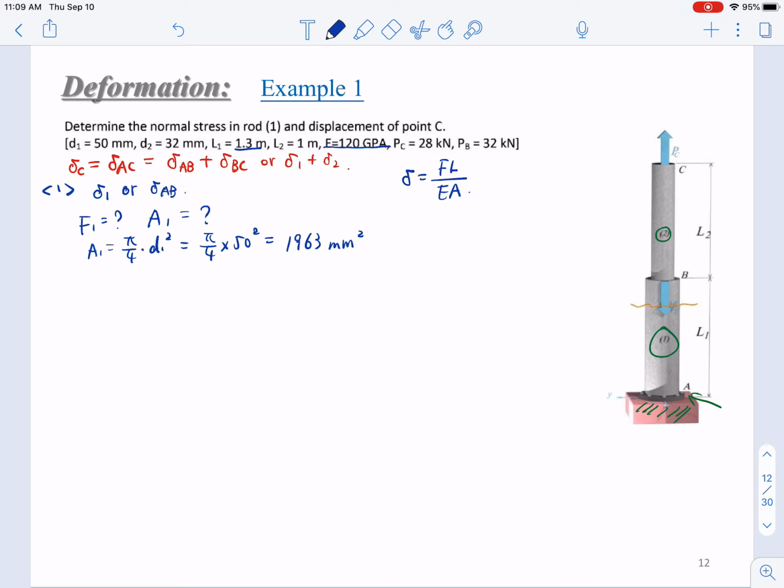How to determine it? Free body diagram. Right? Free body diagram. So you have to cut it from here, and make it free, then add a F1 here, outward. Right? So here we have PC.